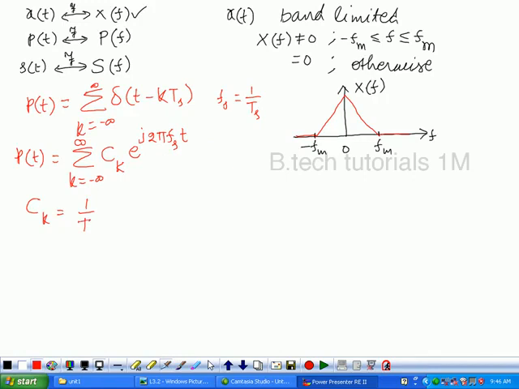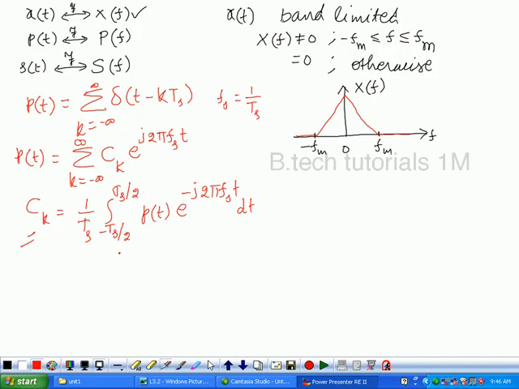So it is 1 by Ts times the integral over one period, that is, minus Ts by 2 to plus Ts by 2, of p of t e power minus j2 pi fs t. This is called the complex Fourier coefficient.